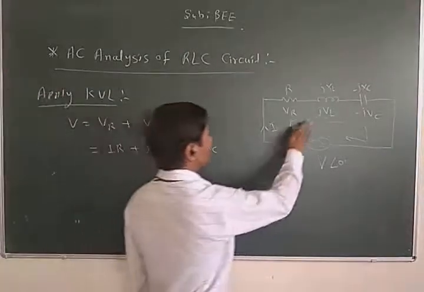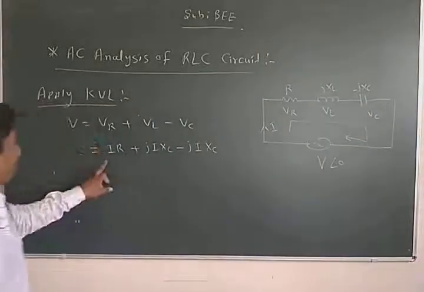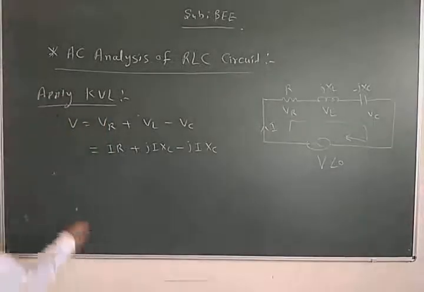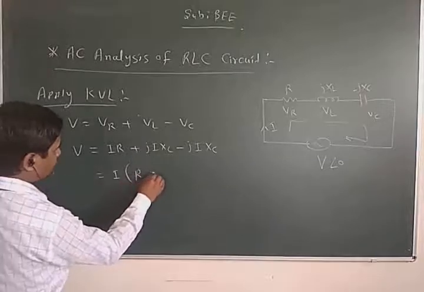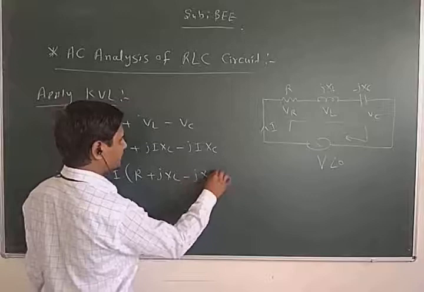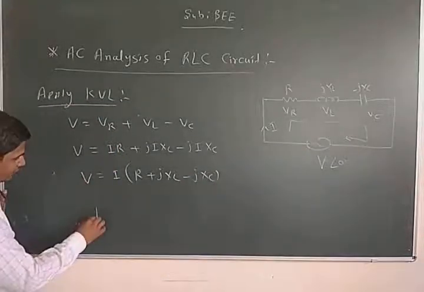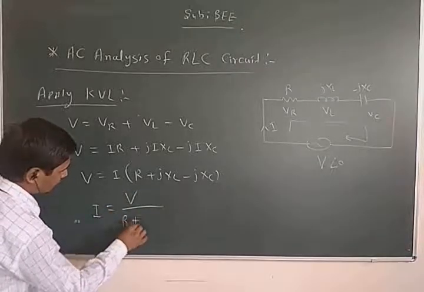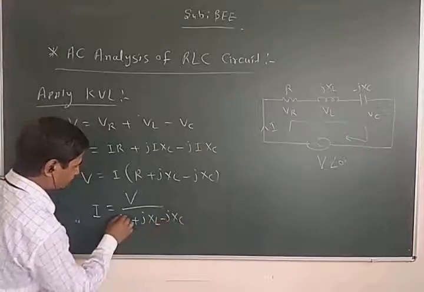So here we can directly write V is equal to IR plus jIXL minus jIXC. Now we take I common, so I times R plus jXL minus jXC is equal to V, and I is equal to V upon R plus jXL minus jXC.